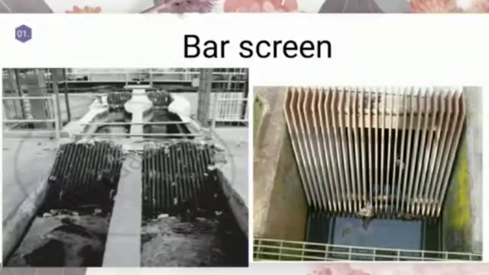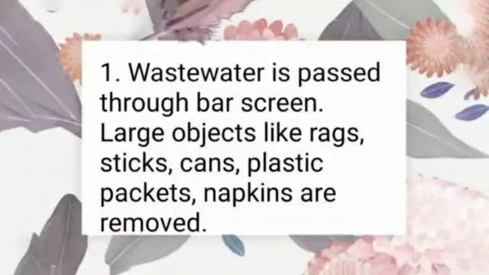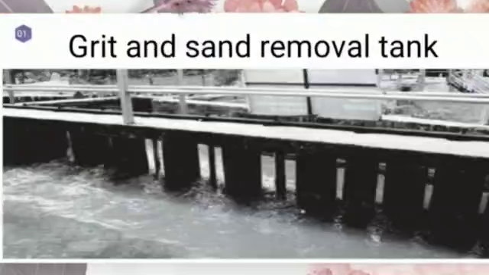After that comes pumping: the screened wastewater is pumped to the aeration tank. So first wastewater is passed through the bar screen, and large objects like rags, sticks, cans, plastic packets and napkins are all removed in the first step.